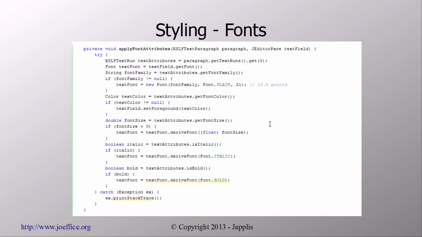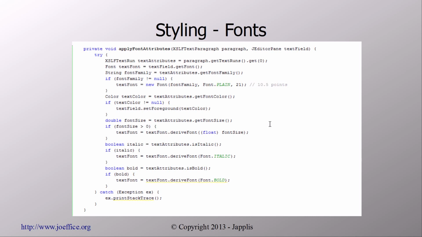And now we need to apply the style. It's quite similar to what I did with the spreadsheet. Basically, within the model loaded by the Apache POI library, you can find the style of the text: what the color of the font is, what the size of the font is, which font it is, and so on.